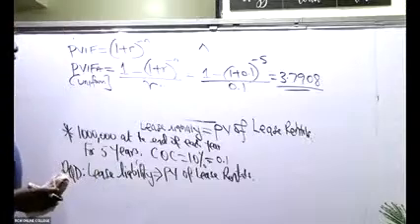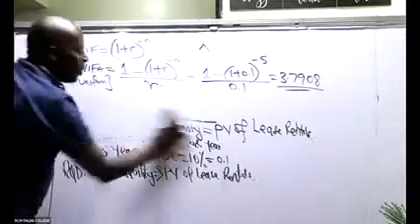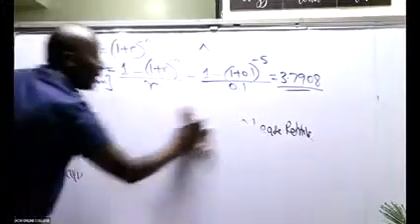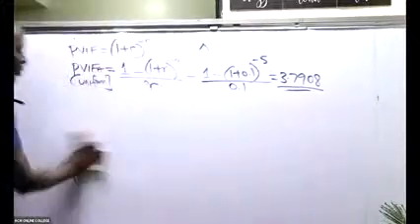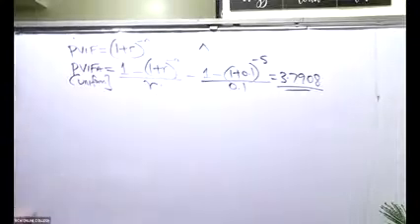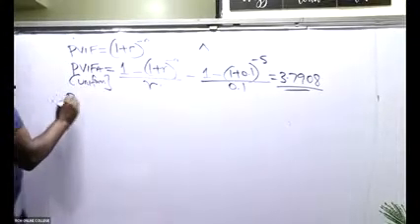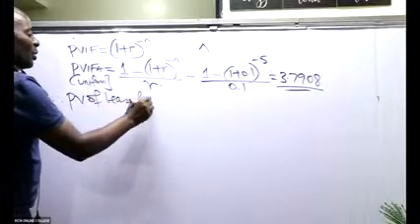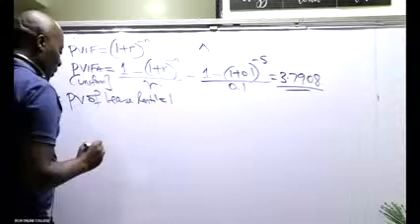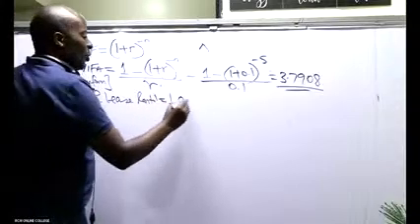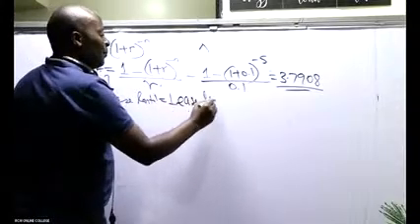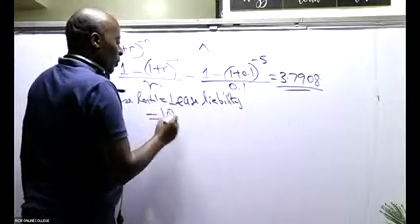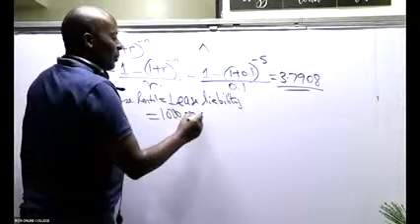And therefore, the present value of our lease rentals, which will be our lease liability, will be equal to the annuity of $1 million times PVFA.